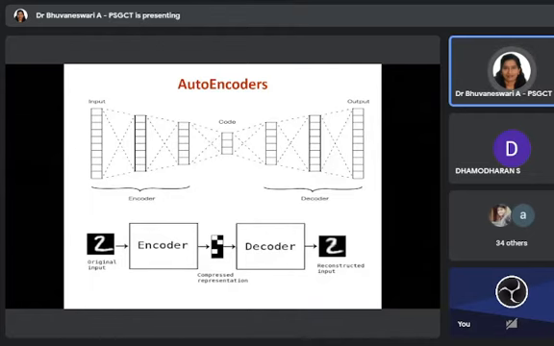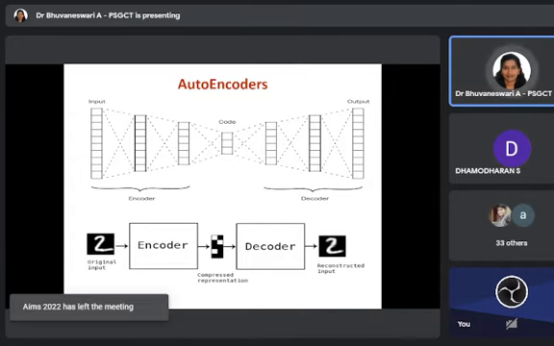After gradient descent optimization, it then decodes the data.